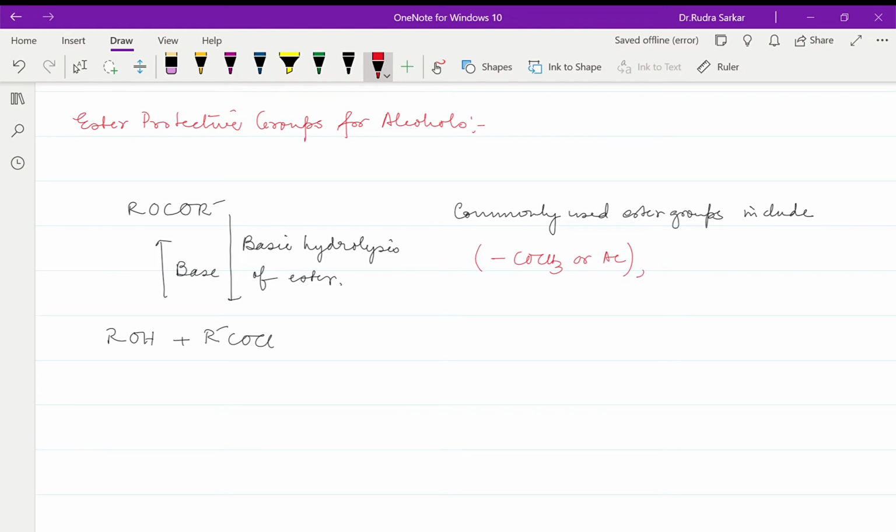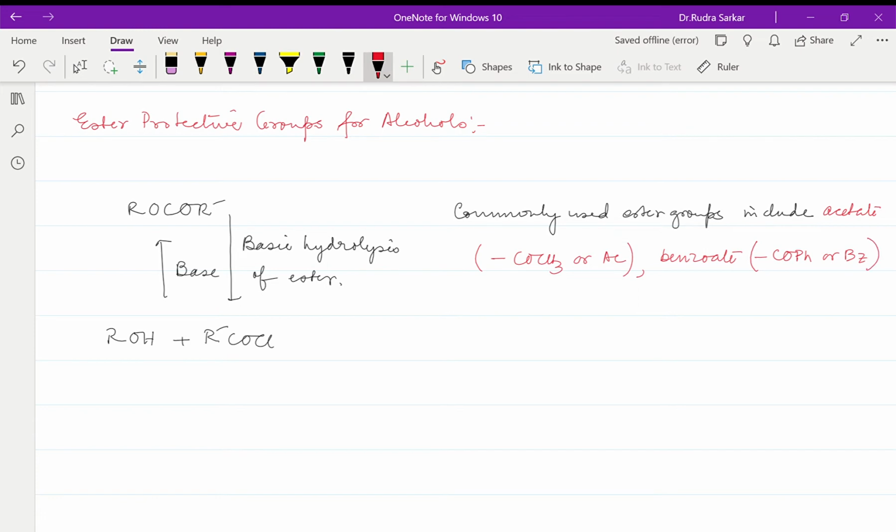We may also use benzoate, which is COPh, or we call this Bz.